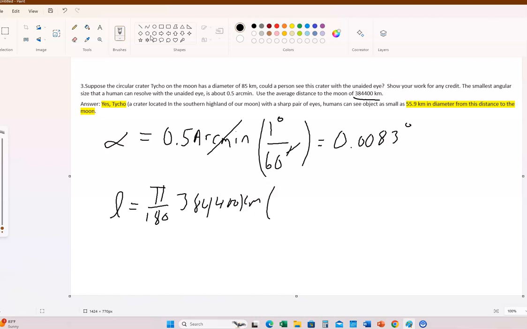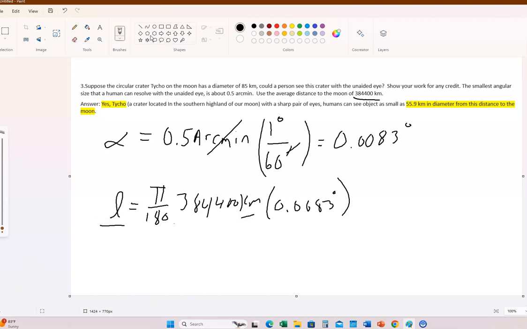We just figured out that alpha is 0.0083 degrees. By the way, the degrees and the 180 degrees cancel each other out. And since the distance is in kilometers, L will be in kilometers as well, which is really what we want.